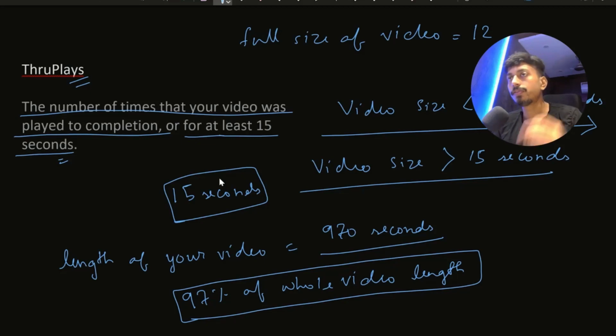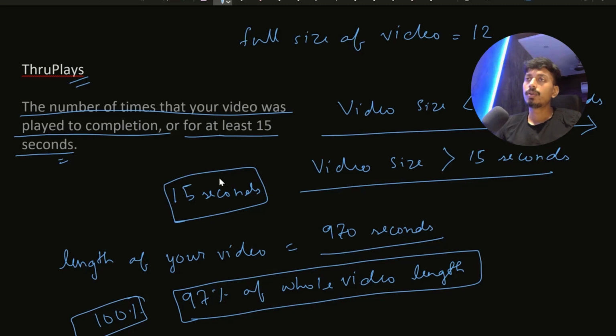That means for Facebook, this is a 100% watch. According to their algorithm, it is written everywhere in their documentation that if they see 97% of your video watched, then it counts. If your video length is, for example, not 970 seconds, let's say your video length is just 100 seconds, for example.